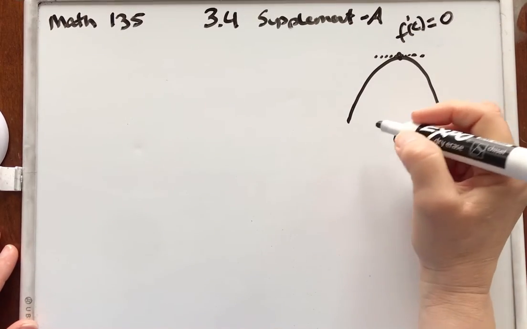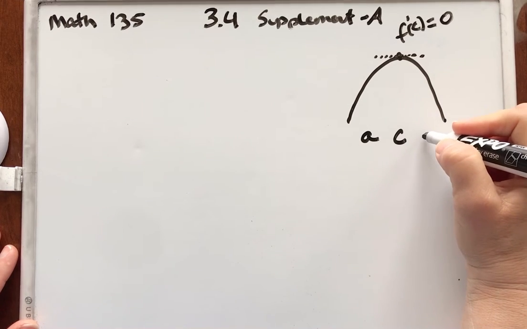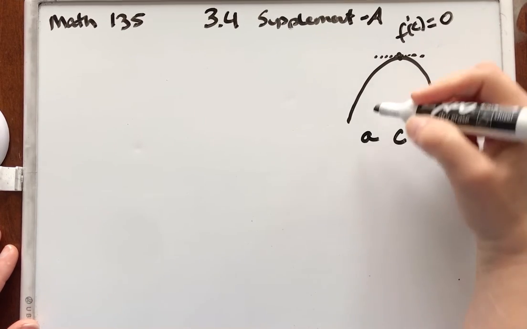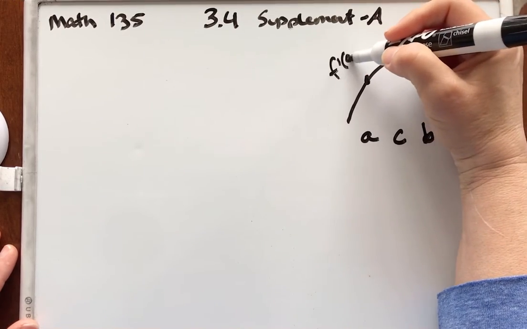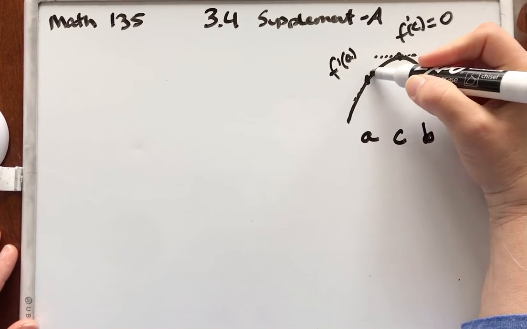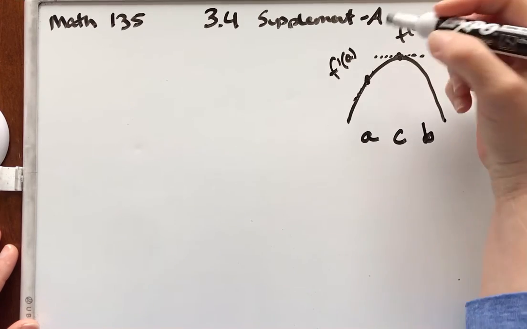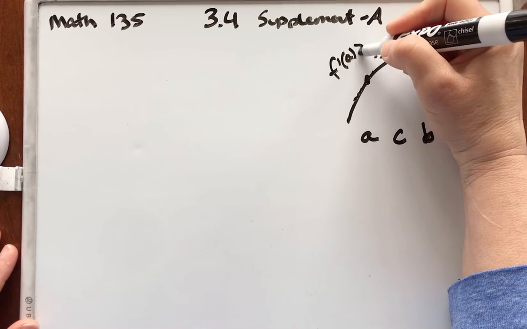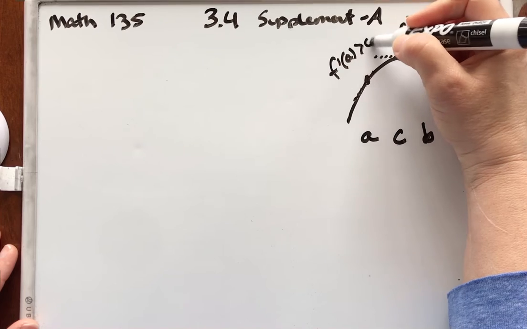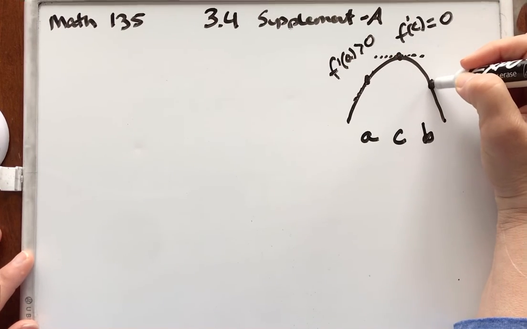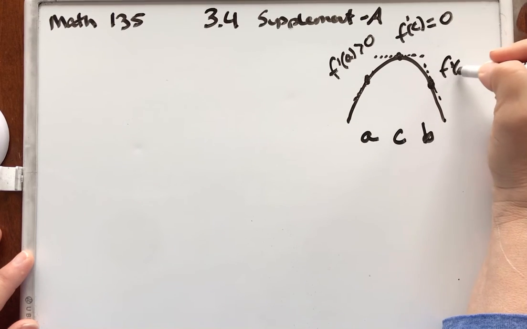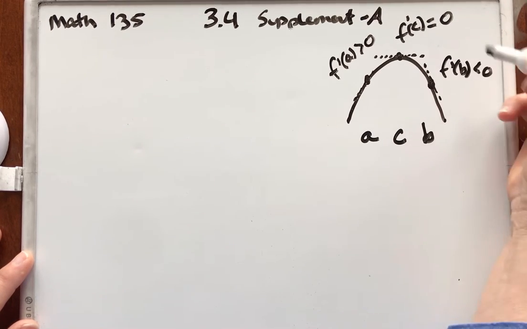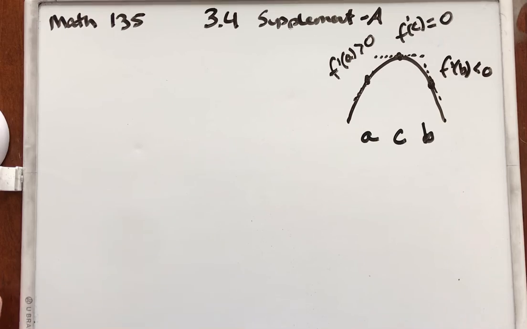To the left of C, we're going to put a point A. To the right of C, we're going to put a point B. Here is f of A, f prime of A. We can see that the tangent line is increasing. It's going to be positive. So we say the derivative, which is the slope of that tangent line, is going to be greater than 0. And then here we have f of B, and we can see the f prime of B is going to be less than 0 because the slope of the tangent line is going to be negative.